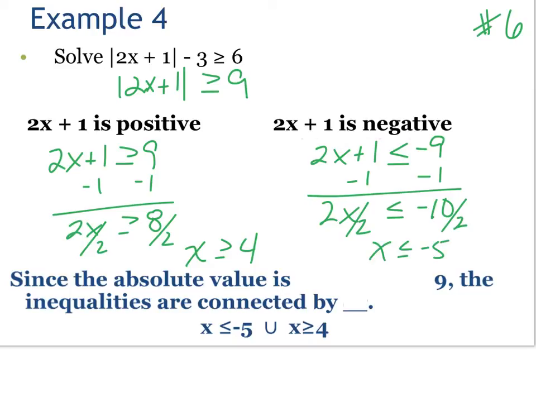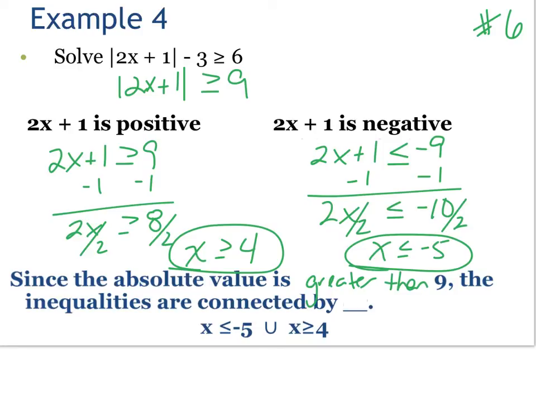So this is our case. x is going to be greater than or equal to 4, or it's going to be less than or equal to negative 4. Since the absolute value is a greater than, the inequalities are connected by or. So you're going to have a union. So this would be how your solution's written.